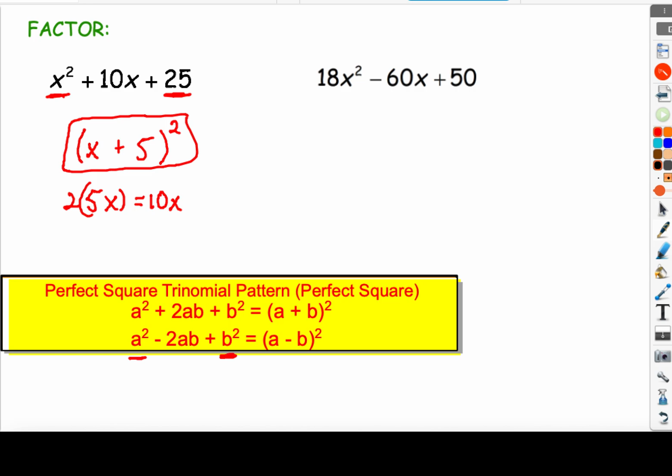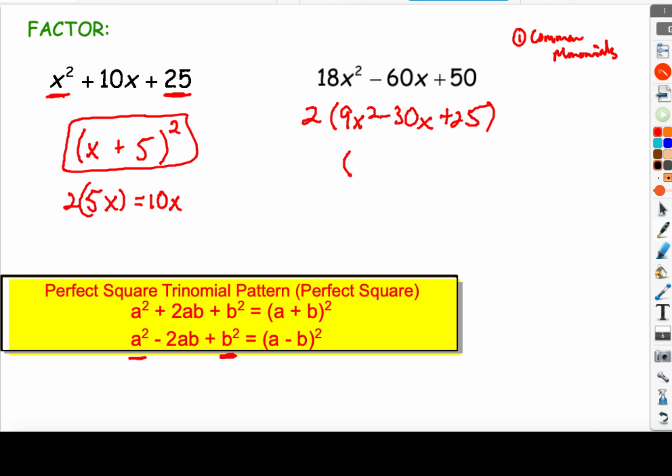Now, you'll notice on the right here, 18 and 50 aren't perfect squares, but as our checklist of factoring, I would want to start with common monomials first. So 18, 60, and 50, why don't we take out a 2? This becomes 9x squared minus 30x plus 25.